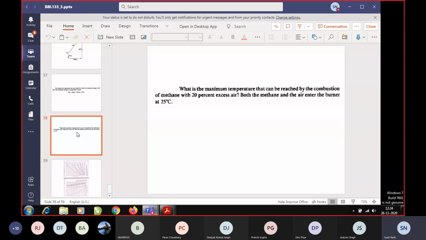So first find out how many moles of reactants are there, at 1 atmosphere and 25 degrees Celsius. Entering at 25 degrees Celsius, right? And then it's heated to some temperature T final. At 25 degrees, the limiting reactant is CH4. Find out what is the composition of the reactant.